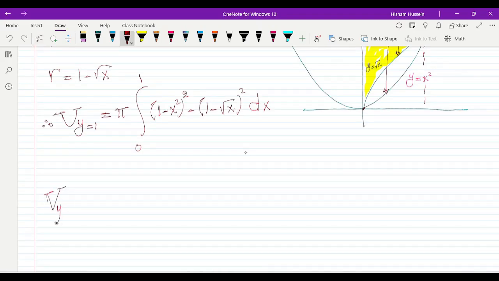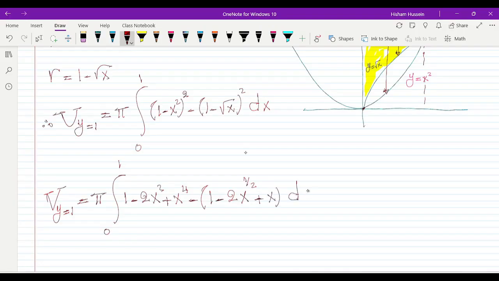The volume resulting from y equals 1 equals pi times the integral from 0 to 1. The first square, which is 1, the first times second times 2, minus 2x squared. The second square is x to the power 4. Minus the same, expand this bracket here: 1 minus 2 root x, 2x to the power half, plus the second square, plus x dx.